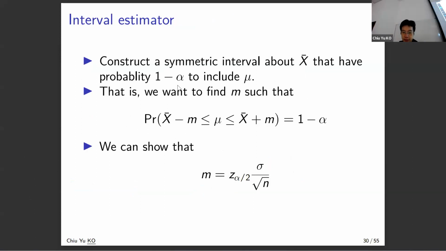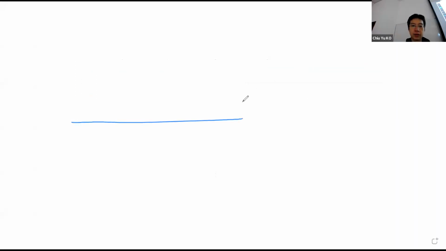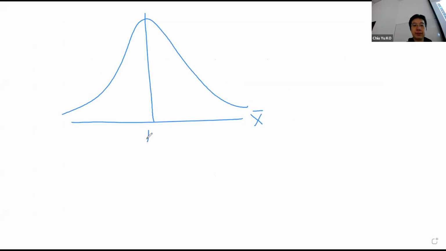Let's draw again because it's so important that it's worth talking about again. The central limit theorem and unbiasedness tell us that X bar n is a bell curve centered at mu. Then the variance of X bar n, we know, is sigma squared over n. We learned that from the last topic already.